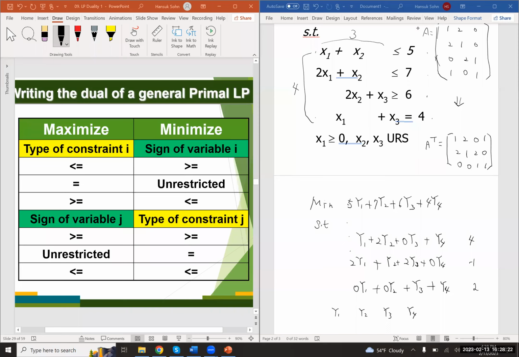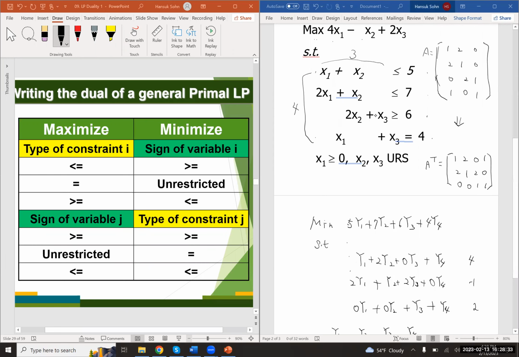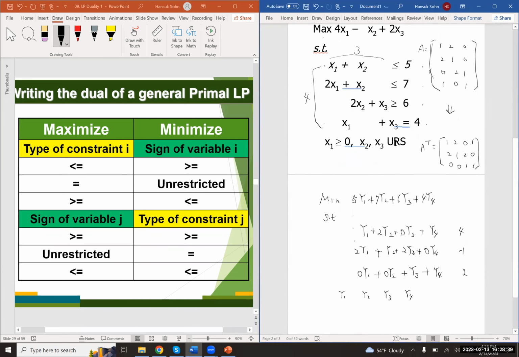Okay, now it's time to use this conversion table. So in order to do that, because the given LP is the maximization problem, right? So we need to start from this side, maximization problem. Okay.